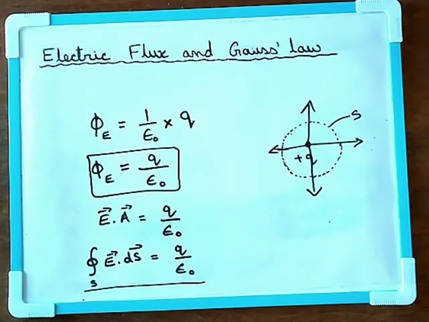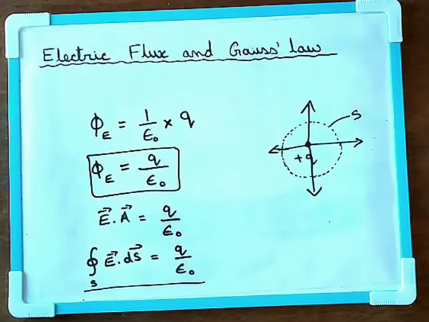So if you want to find electric flux, you can use the definition E dot A, and Gauss law, if the charge is inside a closed surface and the electric flux is through a closed surface, not an open surface. Remember that Gauss law does not apply to an open surface.